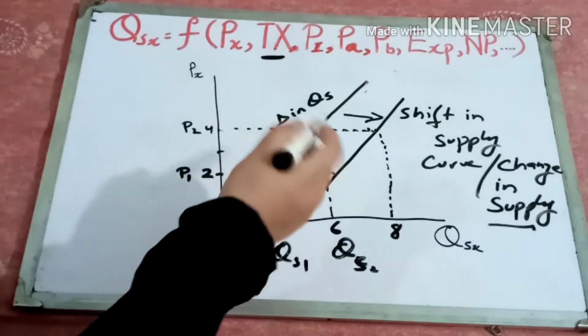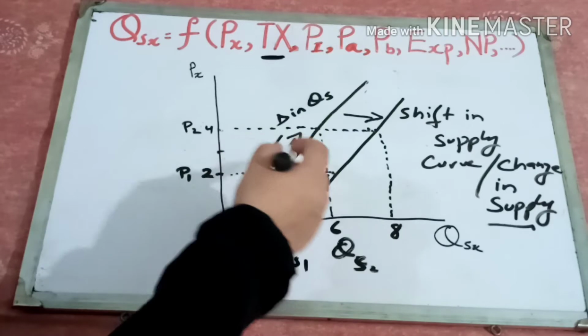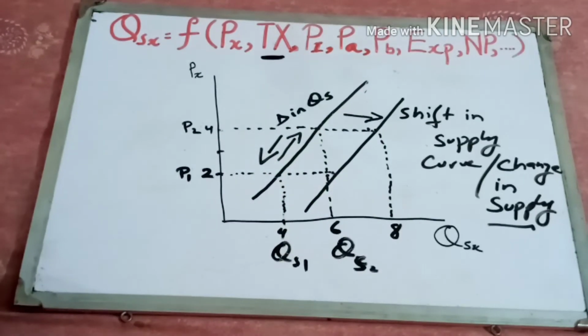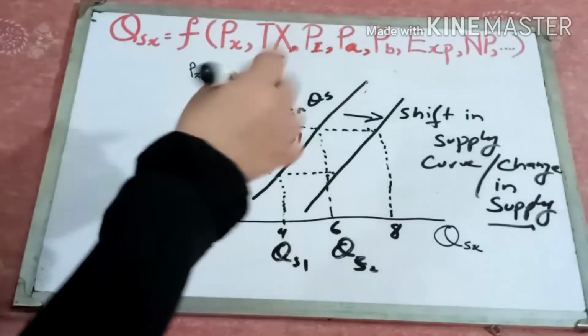We have observed the same thing, and the rules and the process were exactly the same, but that was the downward sloping curve, because the price and the quantity demanded had an inverse relationship.